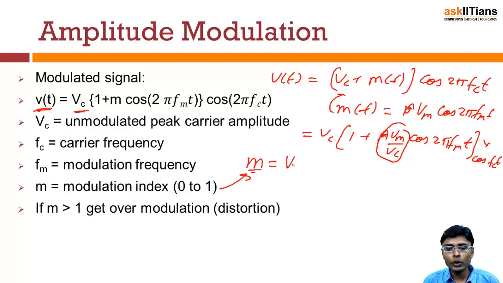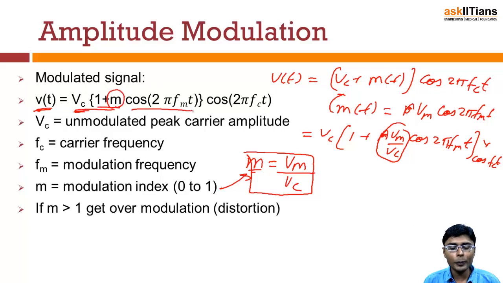This is equal to the ratio of the amplitude of the modulating signal to the amplitude, or we can say the peak value, of your carrier signal, Vm by Vc. So this is a ratio, and therefore the equation is Vc times 1 plus m, where m is the modulation index, cos 2 pi FMT, and cos 2 pi FCT, right?